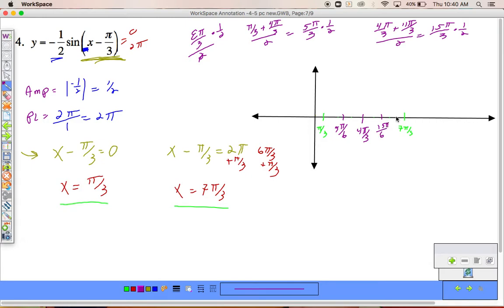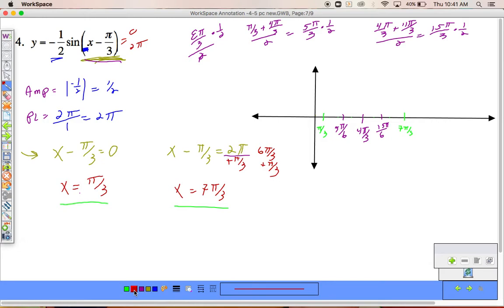All right, so I found my starting point by setting x minus pi over 3 equal to 0, and my ending point by setting it equal to 2 pi. I solve both, and that's going to be my starting and my ending point. I'm not starting at 0. So I label those two, cut it in half and cut it in quarters, and label the middle. All right, those are ugly values. I really don't like those, but we have to remember, they better turn out to be good.